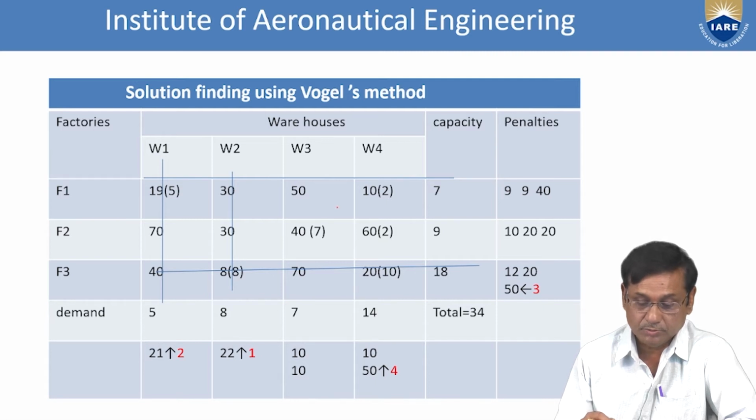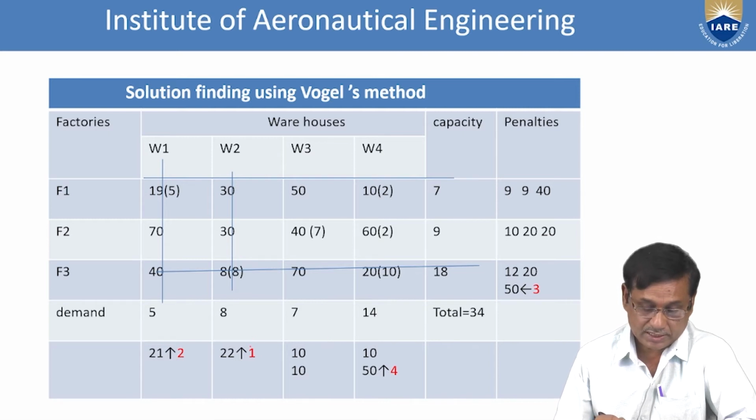In the third column, the lowest element is 40, the next lowest is 50, so the difference is 10. Similarly, in the fourth column, the lowest element is 10, the next lowest is 20, so the difference is 10. Now the penalties are 9, 10, 12 for the rows and 21, 22, 10 and 10 for the columns.